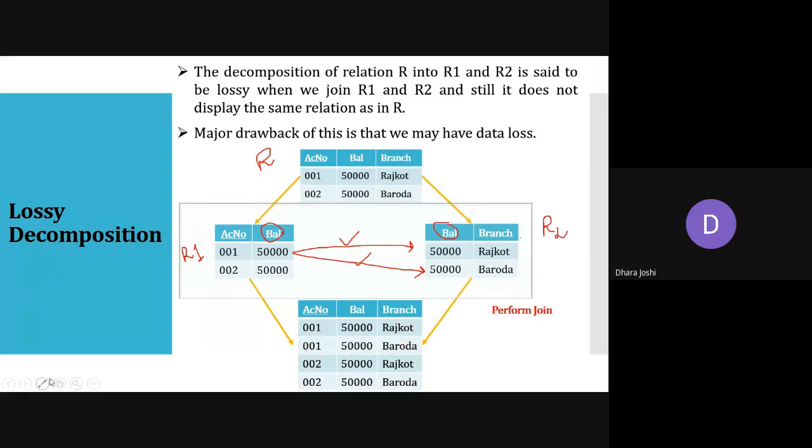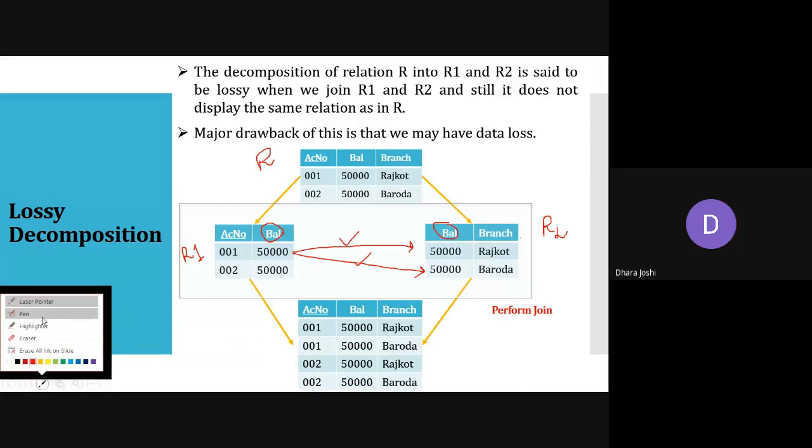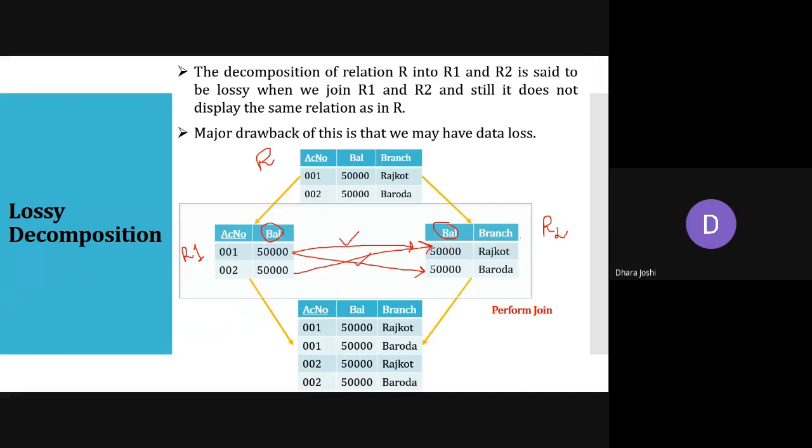The third row which is possible here is 002. It will be matched with this. Again, balance is matched. So 002, 50,000, Rajkot, and the last one is 002, 50,000, Baroda. Ideally, this is not correct.